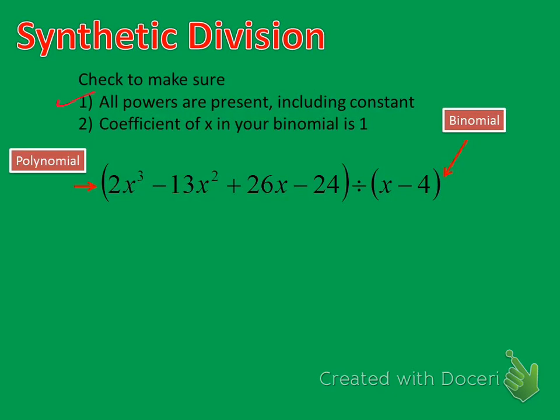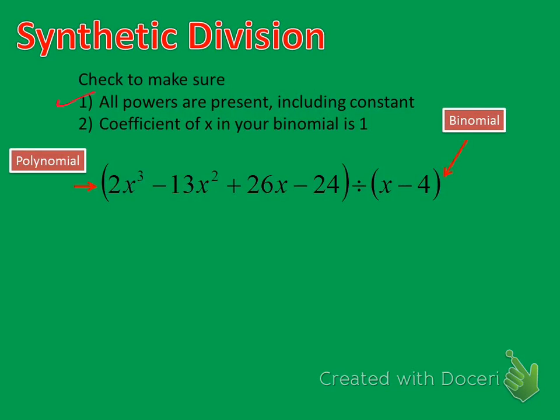Whatever power your polynomial starts with, you need to make sure that all of your powers from that power down are present, including the x to the 0, which is called your constant. Since this one starts at 3, you need to have 3, 2, 1, and 0. So we're good there on this one. Everybody see that?